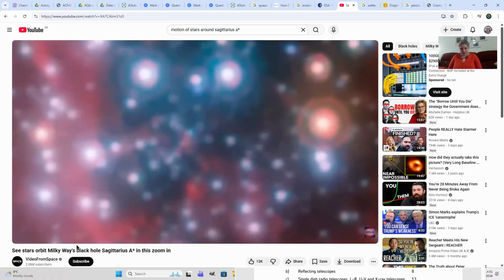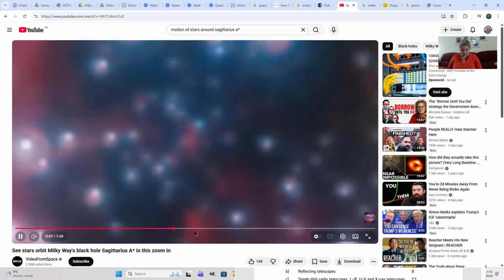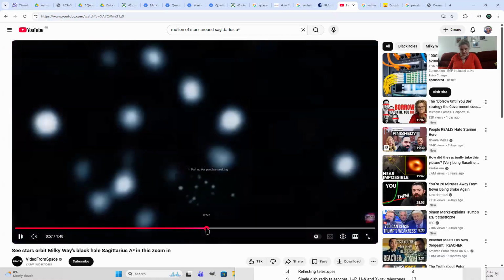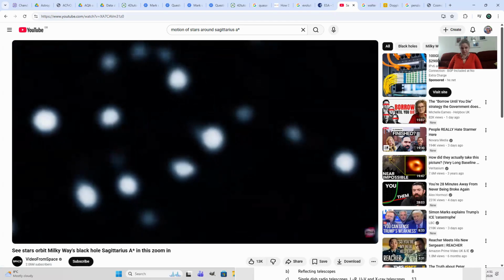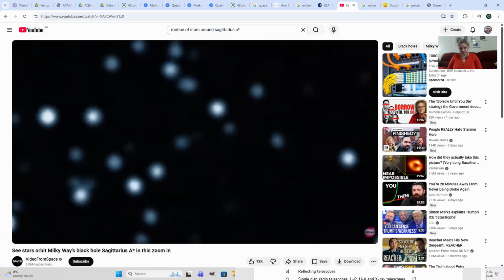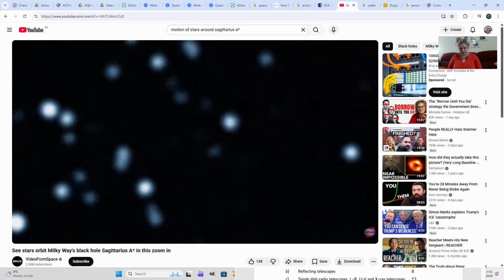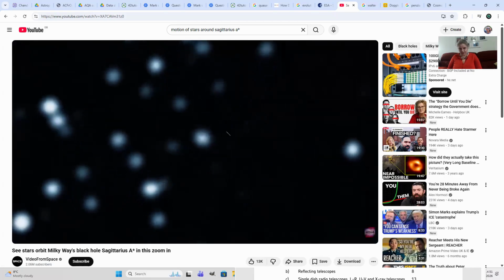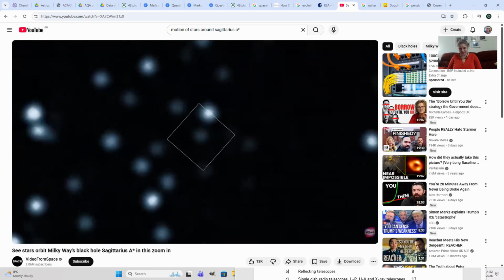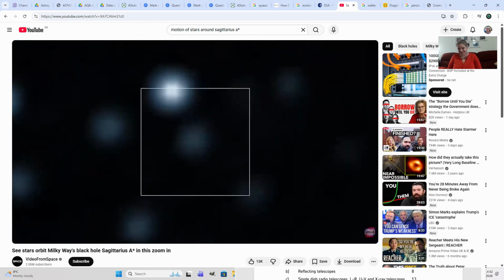So this is just zooming in. Okay, so here we go. You can see that there must be something really massive in there that they're going round. Can you see that? It's in there, in that square.